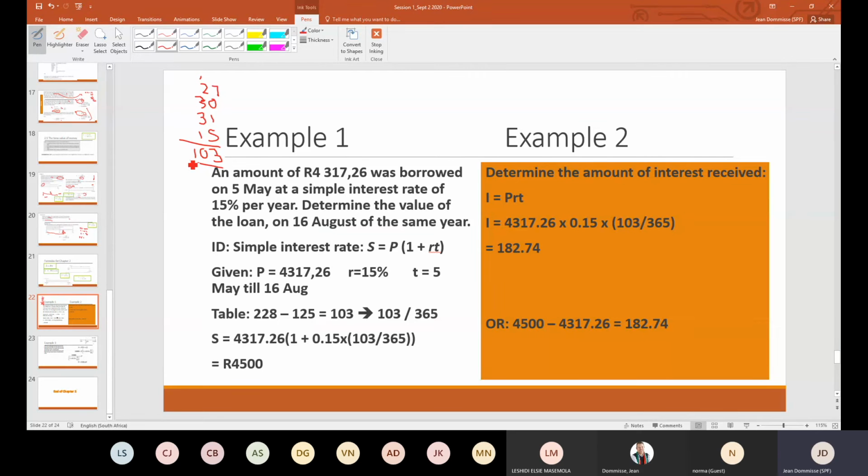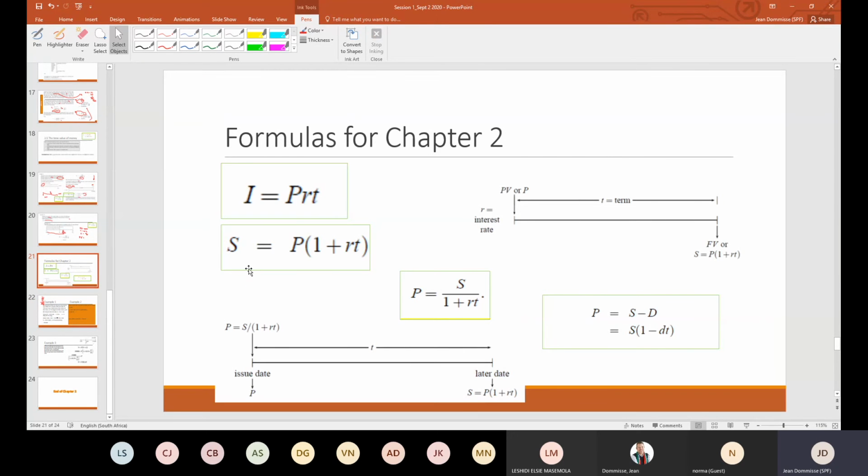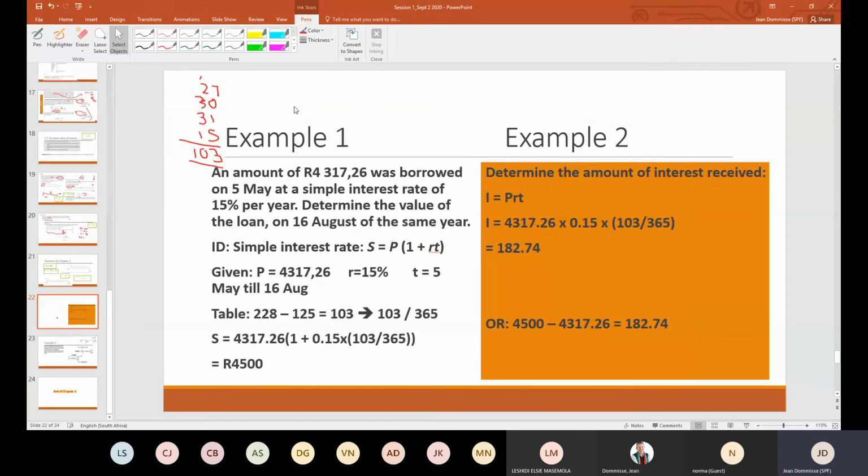There you have 103. So the time that we are working with is 103 divided by the 365. We need to get to the future value. So let me copy that again. We want to get to the future value.